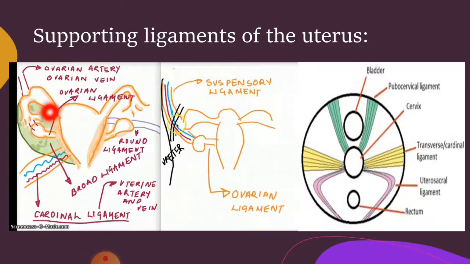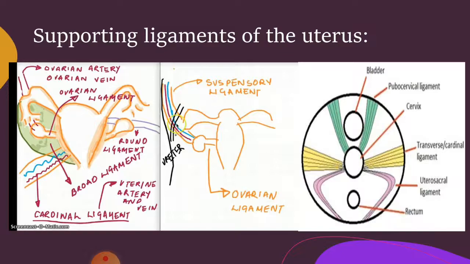As you can see, these broad ligaments are covering or enclosing the uterine tubes. The upper free border will be enclosed in the broad ligament, and the lateral ends of the uterine tubes will penetrate the posterior wall of the broad ligament, and they will open into the peritoneal cavity.